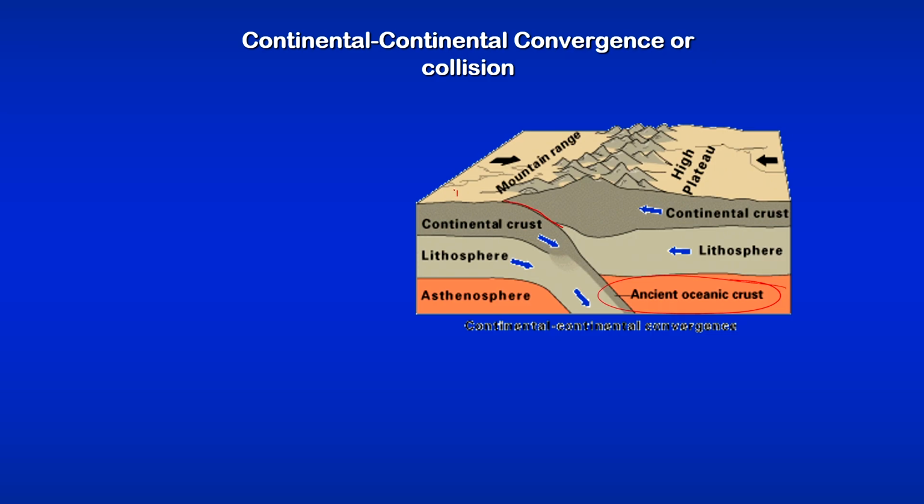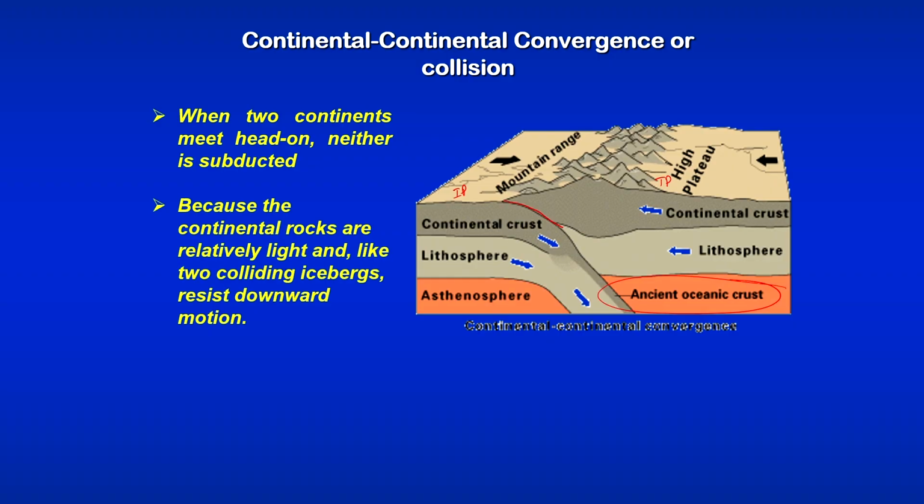So, if you consider this as the Indian plate and this as the Tibetan or Eurasian plate, there is some drag between these two plates which is going on, and that was because of the subduction which initiated with the oceanic plate. Now when two continents meet head on, neither subducts because they are both of similar density.